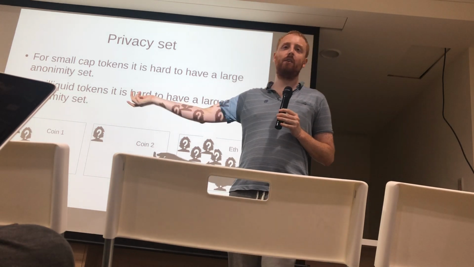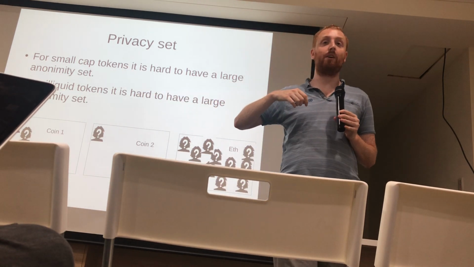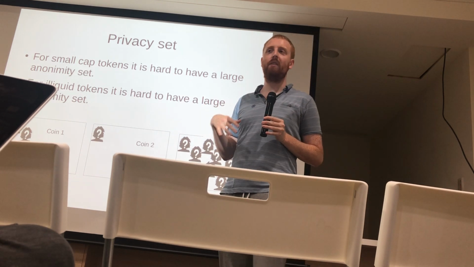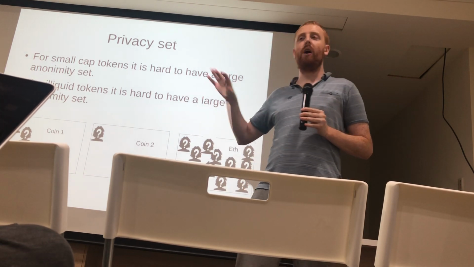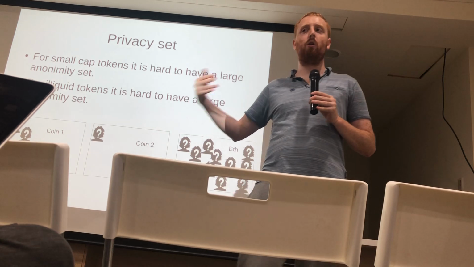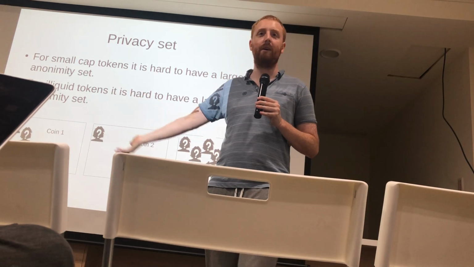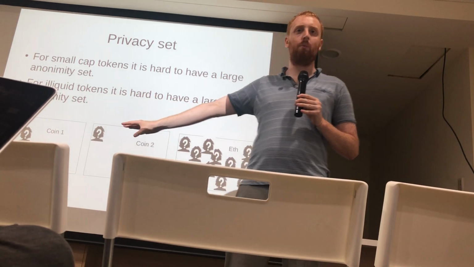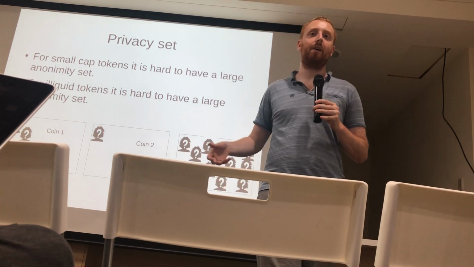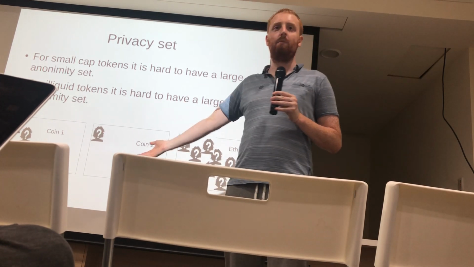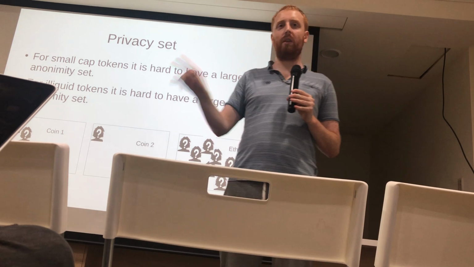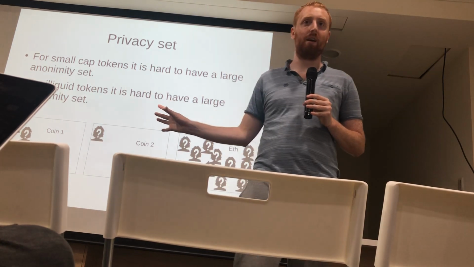Let's say that a transaction comes to take Ether out of the smart contract, and we want to find out what deposit made that. Originally, in the previous system, we would have the set of all Ether deposits. That would be the only way that money could have gotten there. But in this upgraded system, we could have a set of all these deposits plus all the other deposits combined.